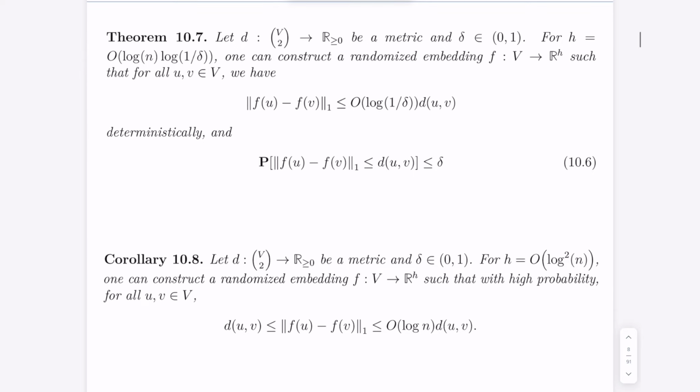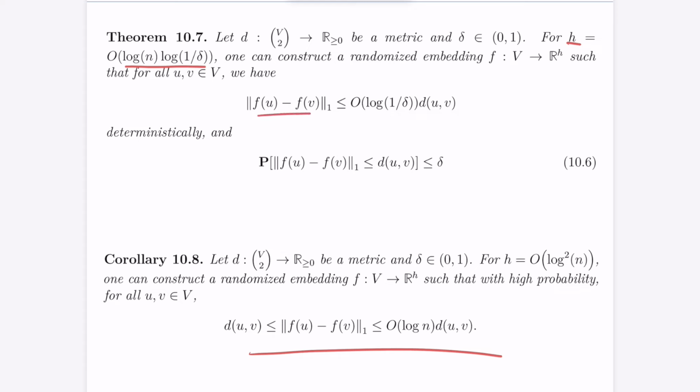Okay, so here's the more formal version. The one I just showed you is this one as the corollary. The exact one we're going to show is slightly different. It's going to say that if you use log n log 1 over delta coordinates, then you're going to have two properties.